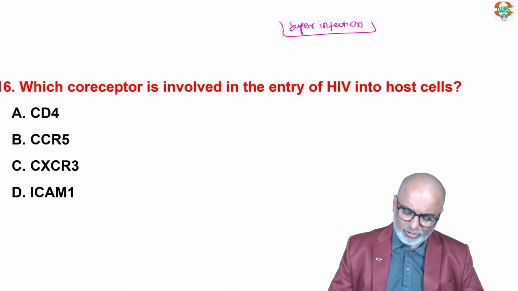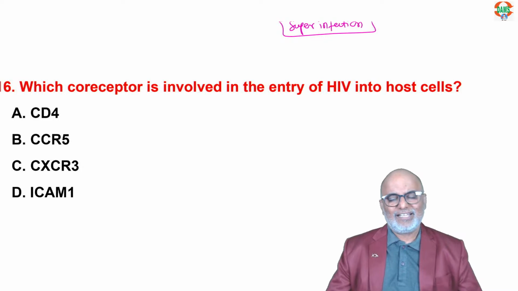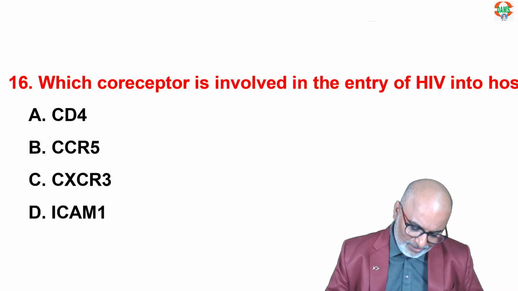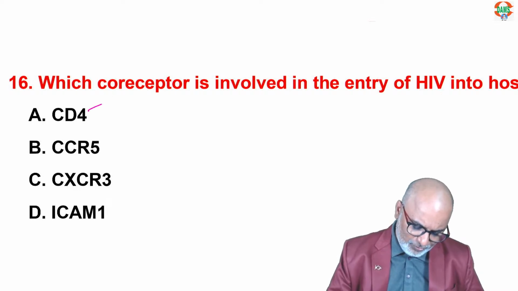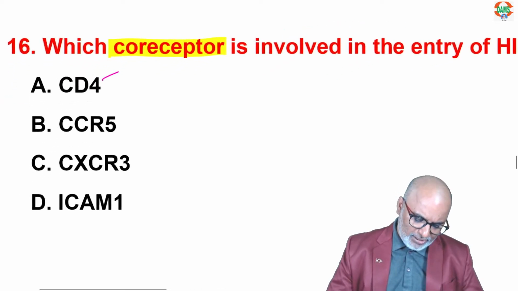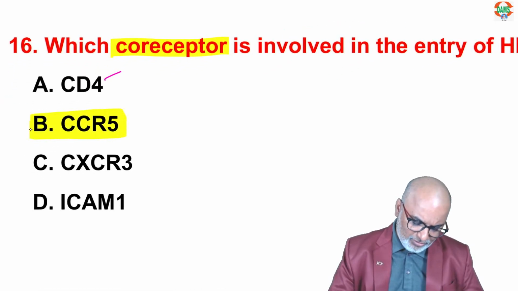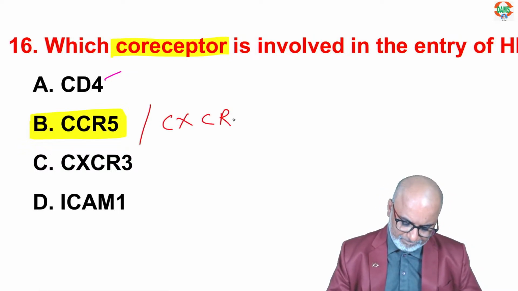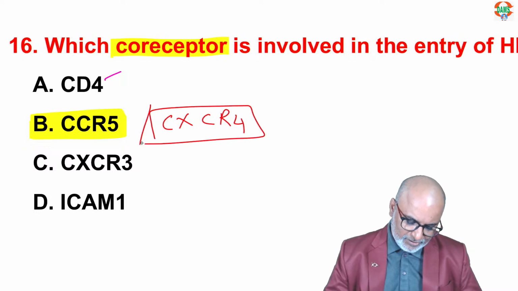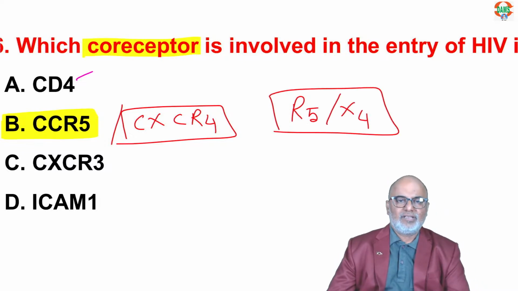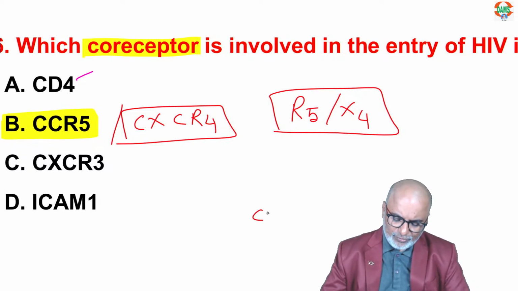Which co-receptor is involved in entry of HIV into the host cells? Remember I showed you in the video. HIV attaches to the CD4 cell with the help of the CD4 receptor and two co-receptors. One is CCR5, another is CXCR4. We shortly call them R5 or X4. This is the CD4 cell.